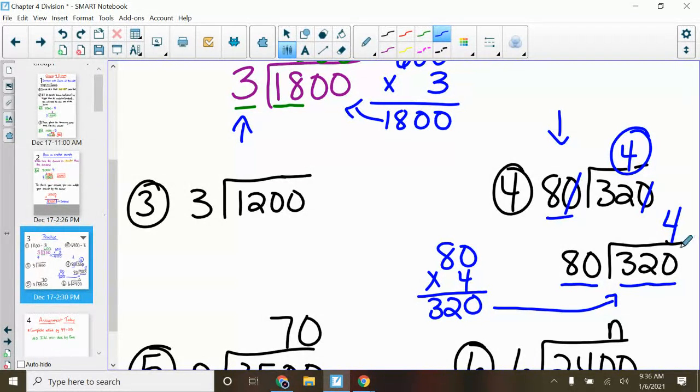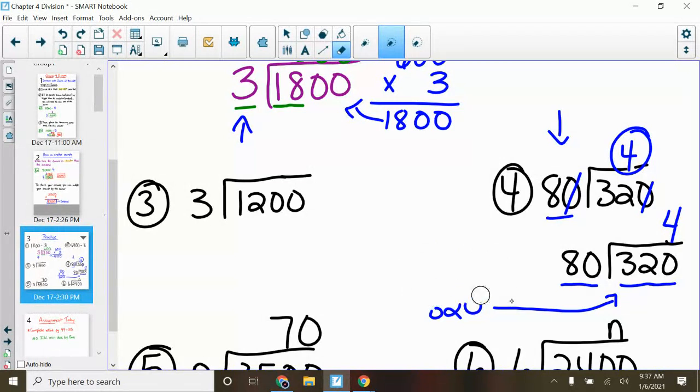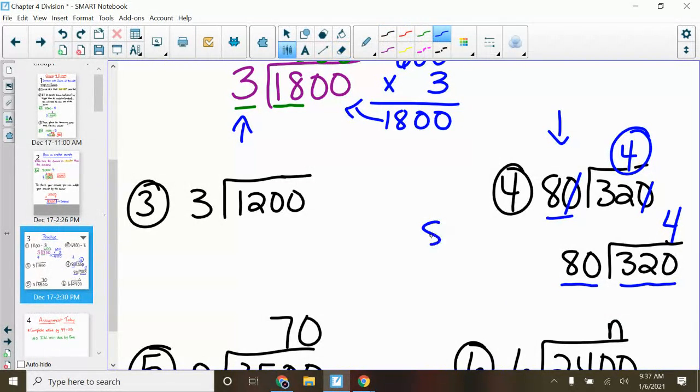And if you're struggling at all, boys and girls, to do this kind of stuff inside your head, like a minute ago, I asked Reagan, how many 80s will fit into 320? Well, instead of trying to do that inside of her head, she could come over here to the side and say, okay, let's see what 80 times 2 is. Well, 80 times 2 is 160.